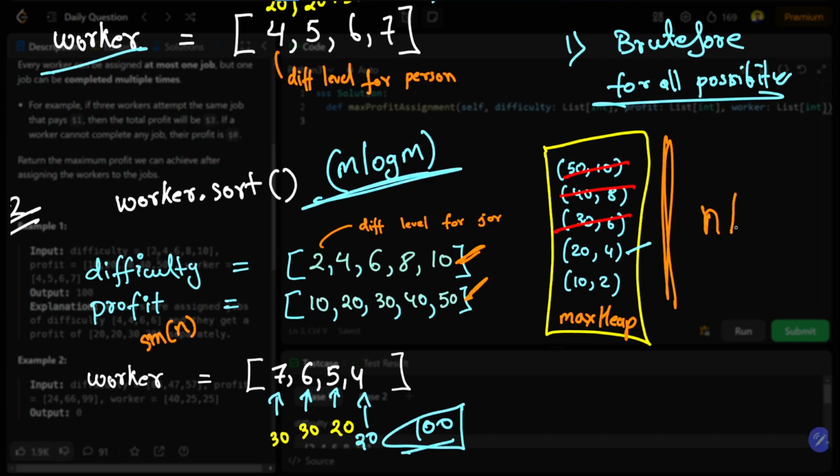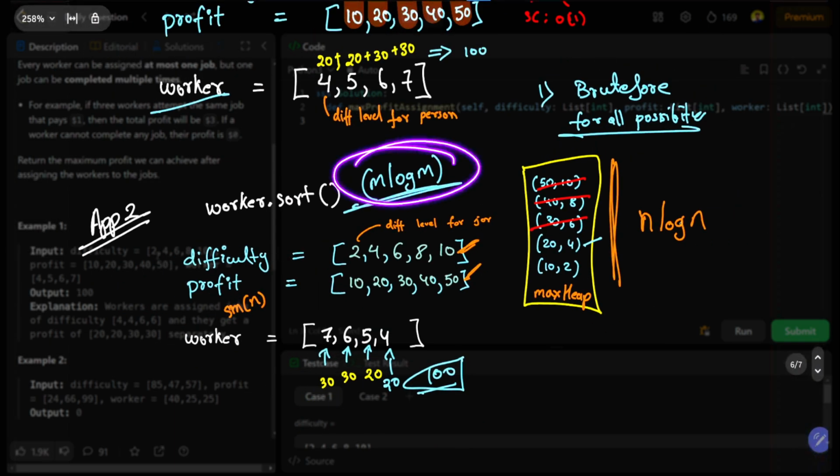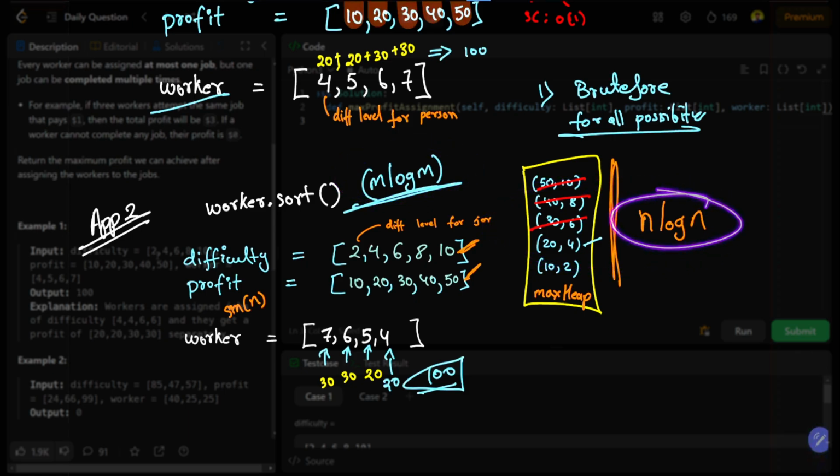And if I'm using the heap, they will be restructured again using the tree structure, so this also uses log n time for that restructuring. So in total, I have done something like sorting, not sorting exactly, but kind of like heap sort: m log n plus n log n.